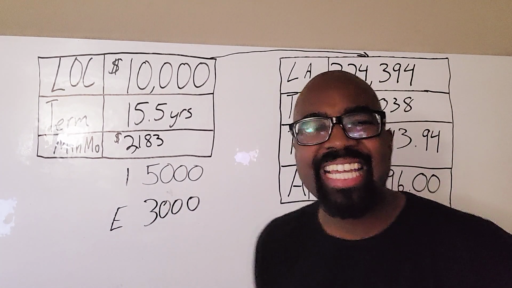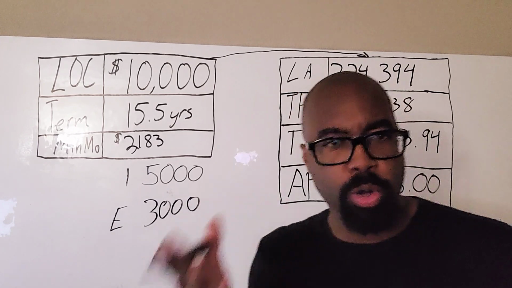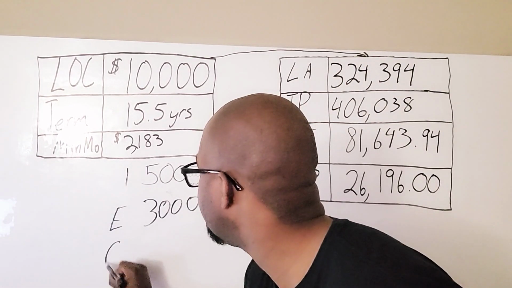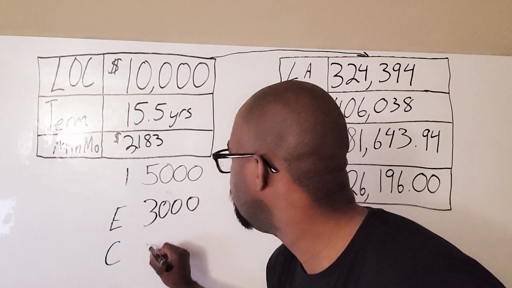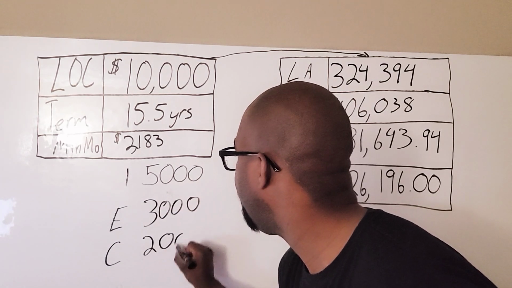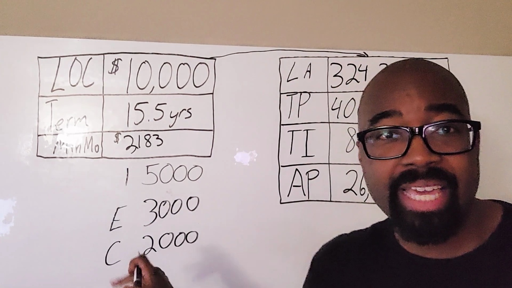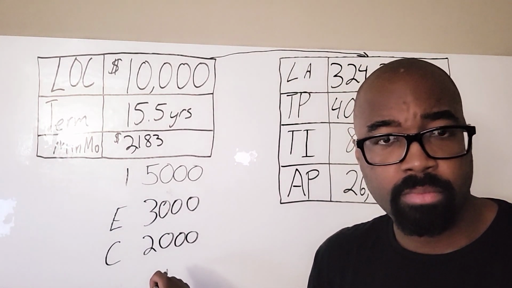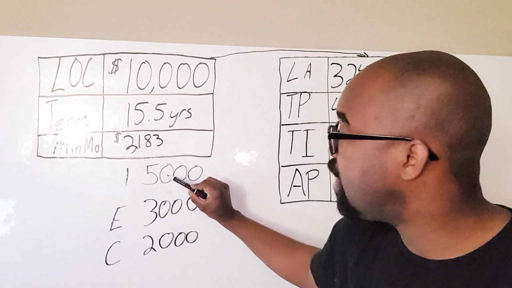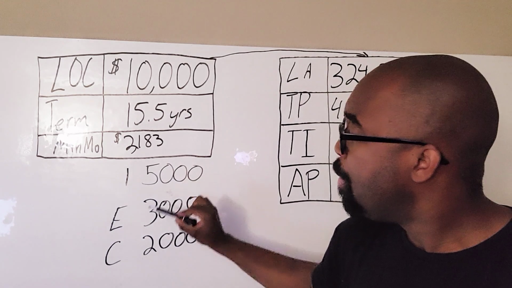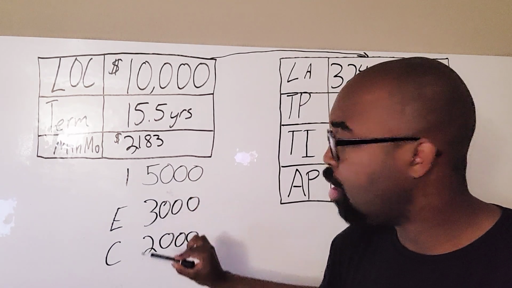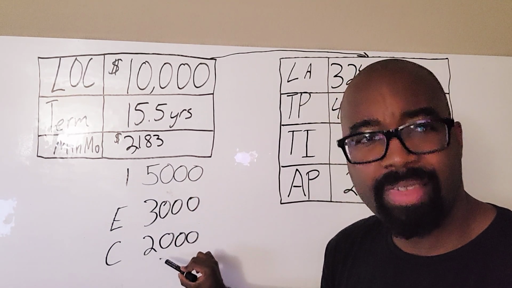And your monthly discretionary income, or your cash flow, we'll put a C there for cash flow, is what? $2,000. Now, how did we get that number? That's right, we subtracted this number, the income, minus the expenses, equals the cash flow.